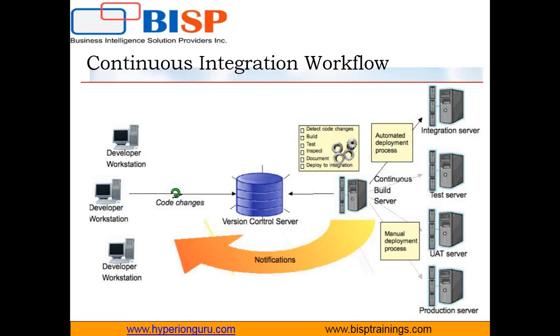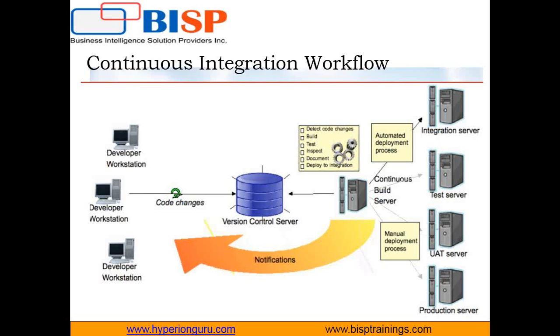Once the package passes the tests, the CI server deploys the same package on the testing environment for user acceptance testing. Once the acceptance tests are successful, the same package is deployed on the production server.